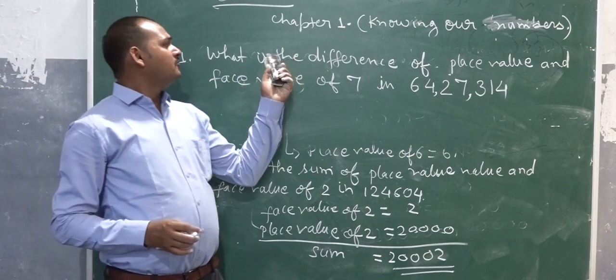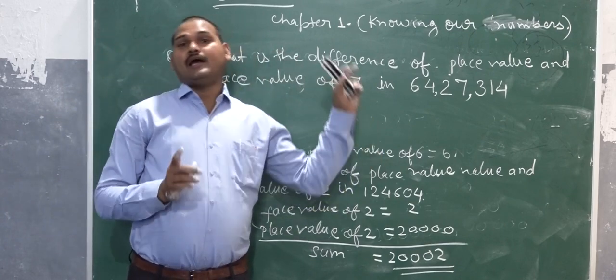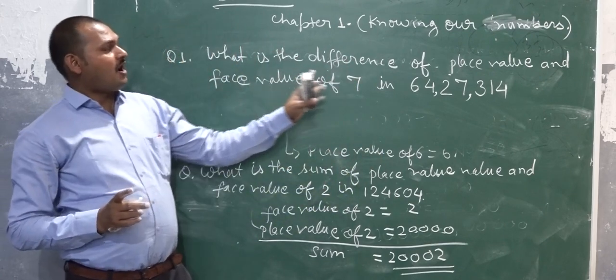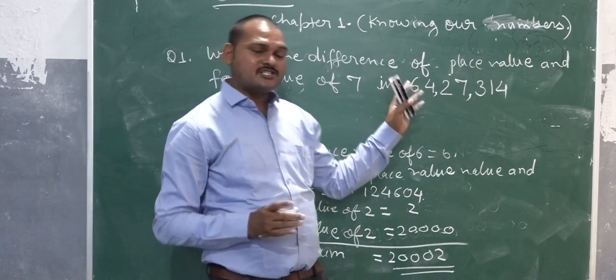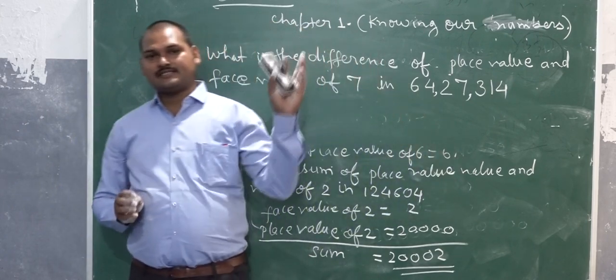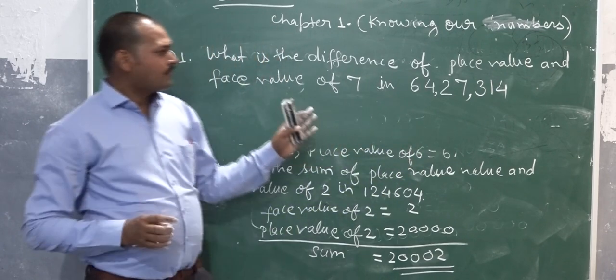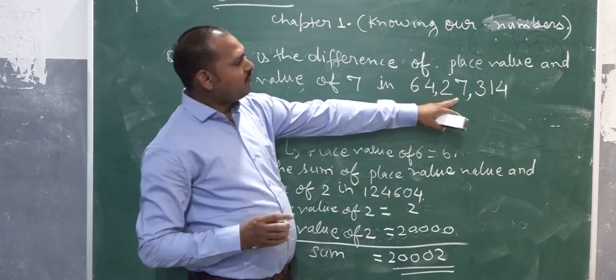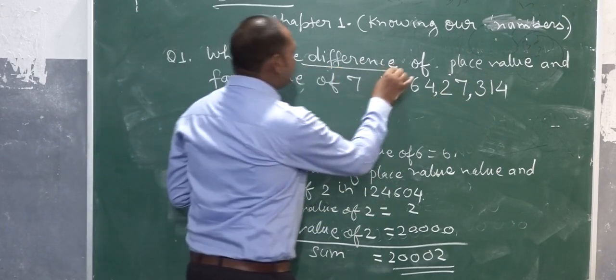The question is, what is the difference of place value and face value of 7? Which digit? 7. Where? In 64 lakh 27,340. So here what do we find? The place value. Here one thing is different.